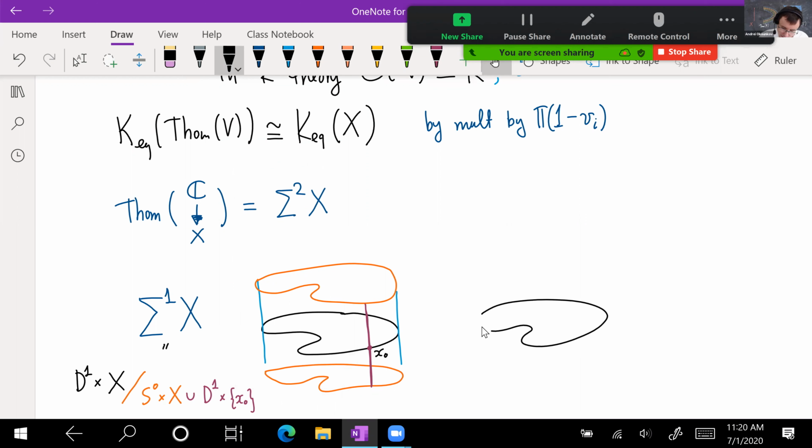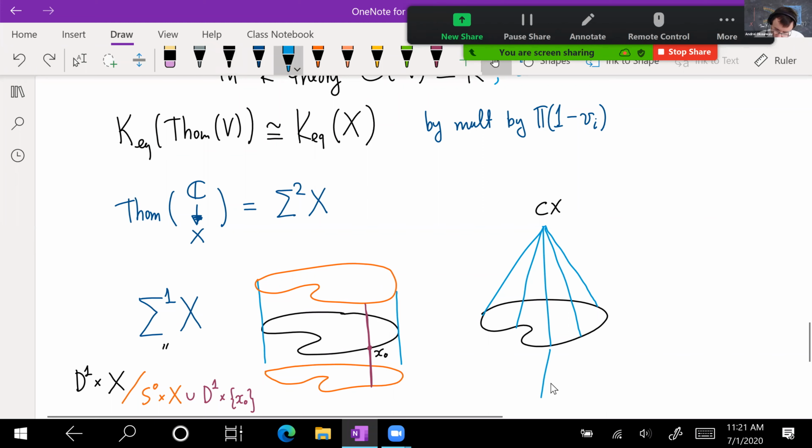So we get one cone over X, and then another cone over X. And then there's this marked point which we collapse here.